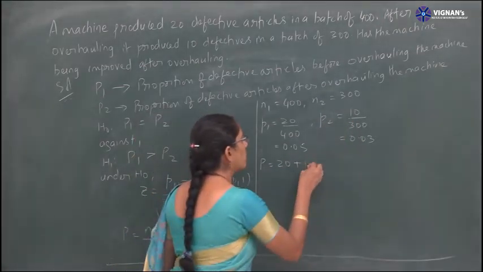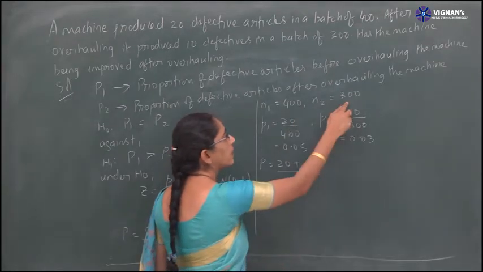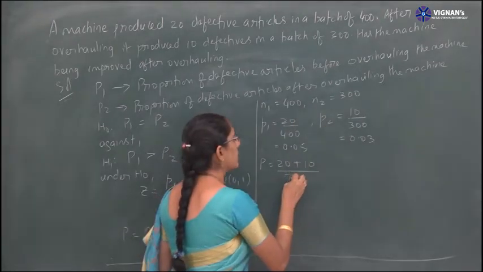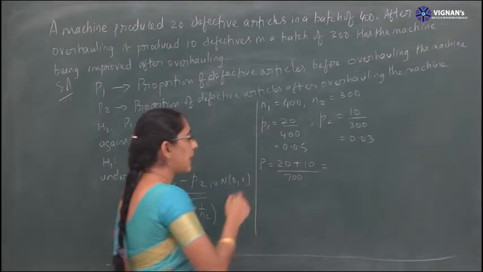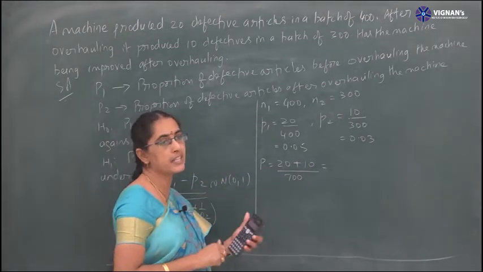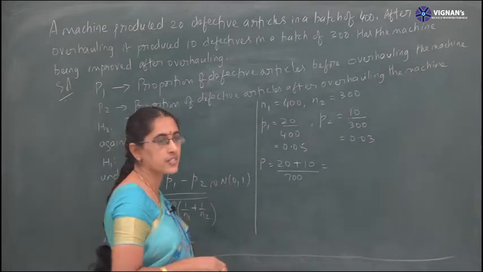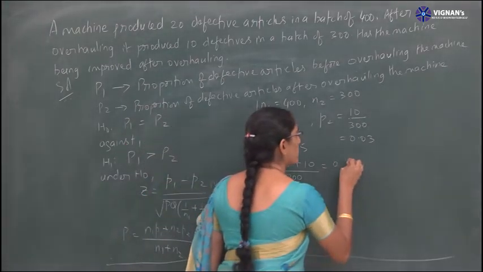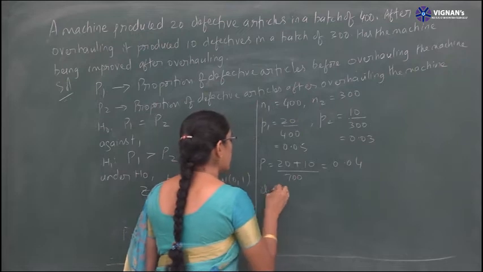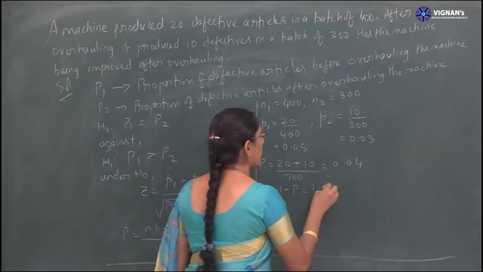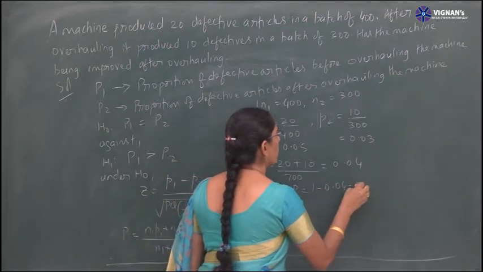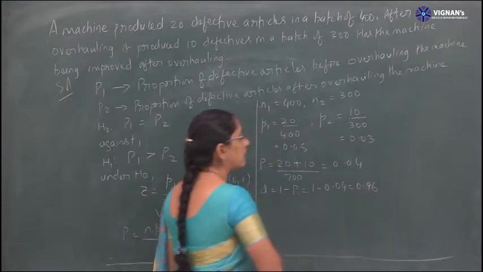So 10 by n1 plus n2, 400 plus 300 is 700. So capital P is 30 by 700, which is 0.04. Now we know that capital Q is 1 minus P, that is 1 minus 0.04, which is 0.96.